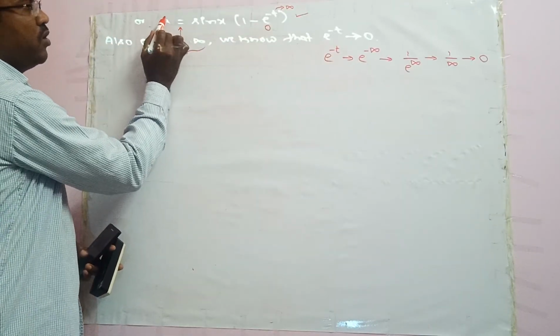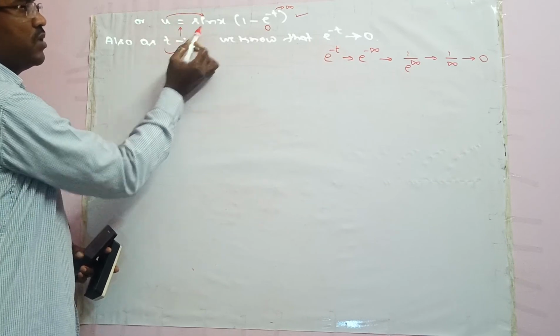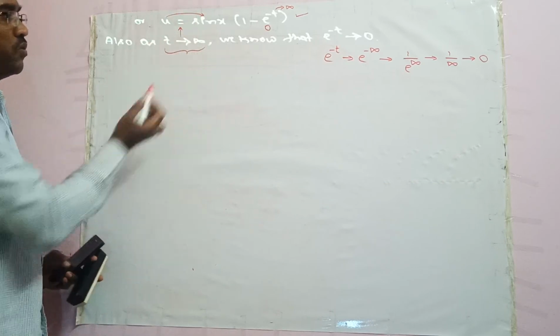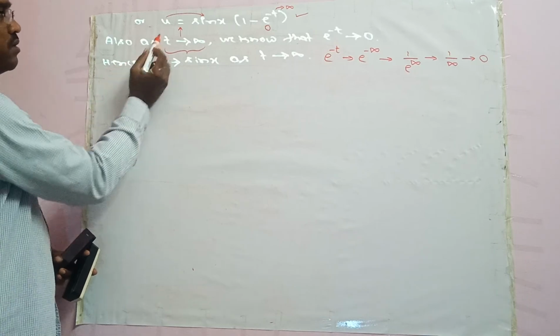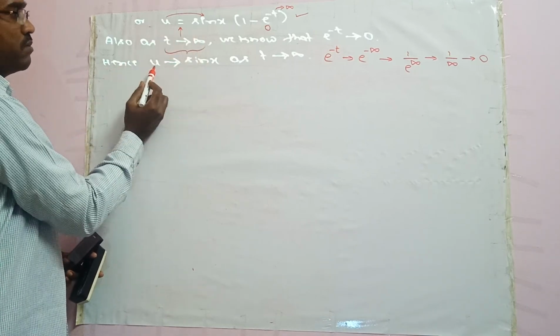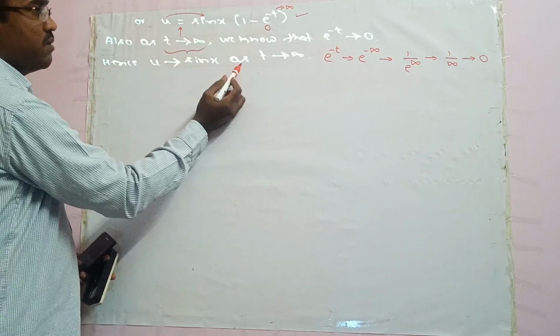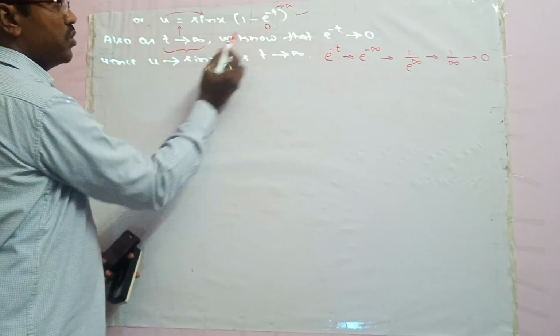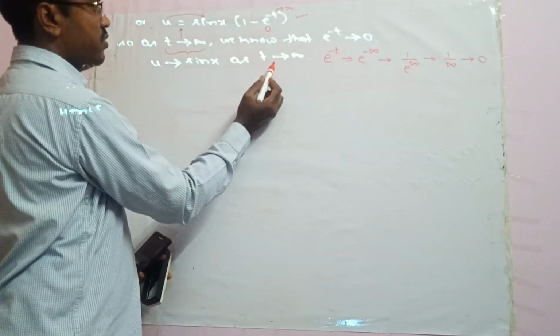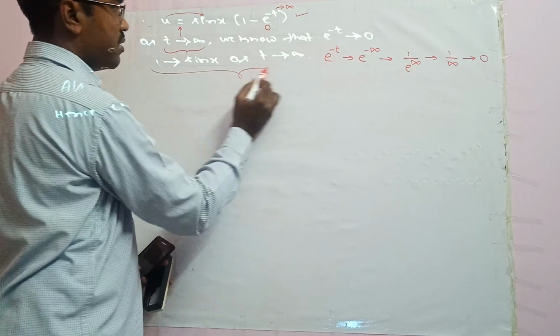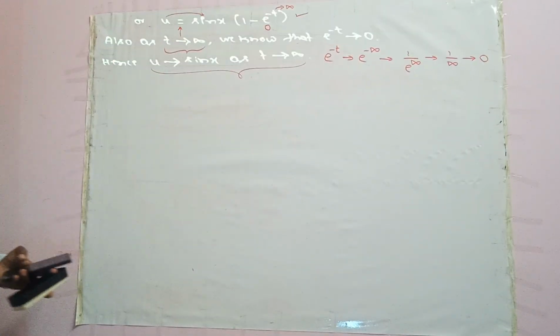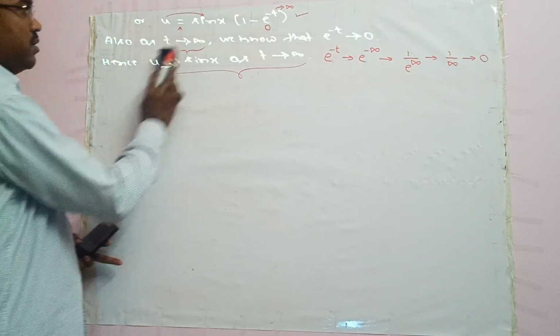So what will be the value of u? The value of u is just sin x. So now what we say? Hence u tends to sin x as t is tending to infinity. So this is the second part of the question. So this completes our solution.